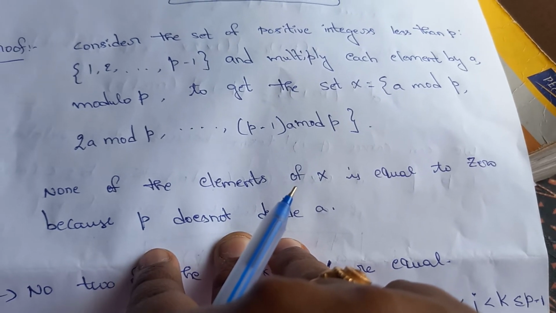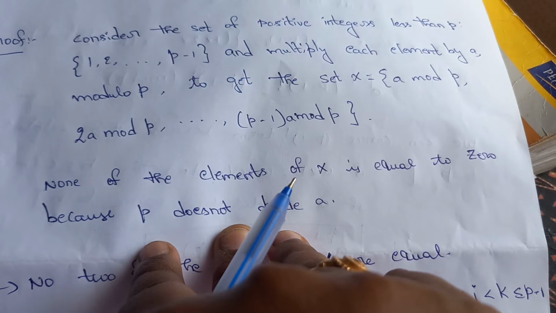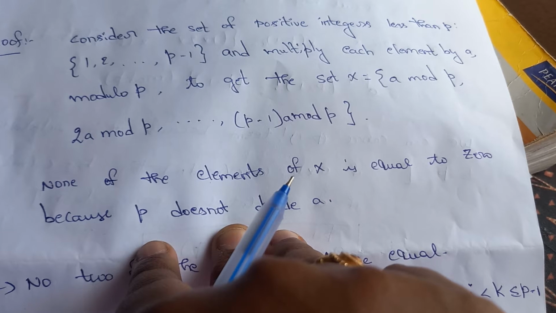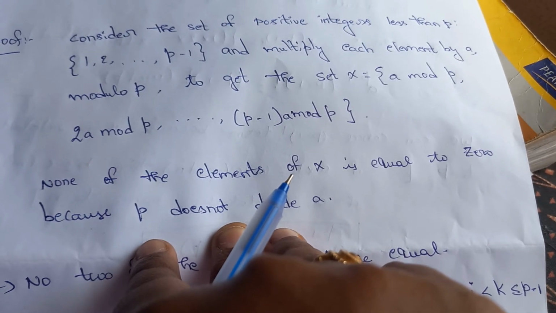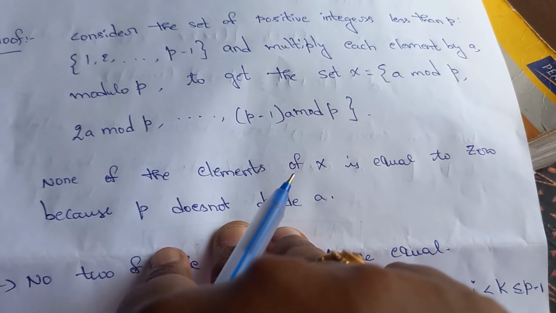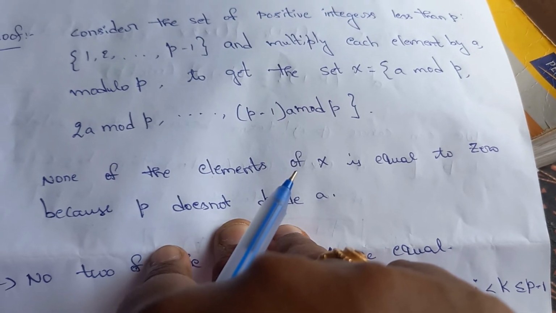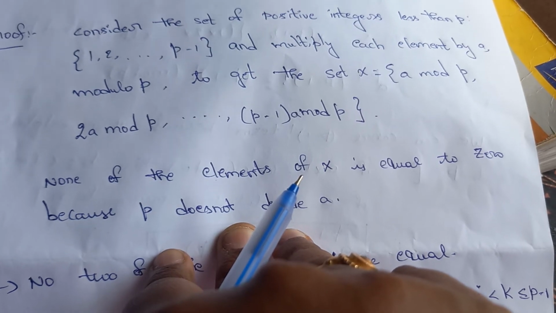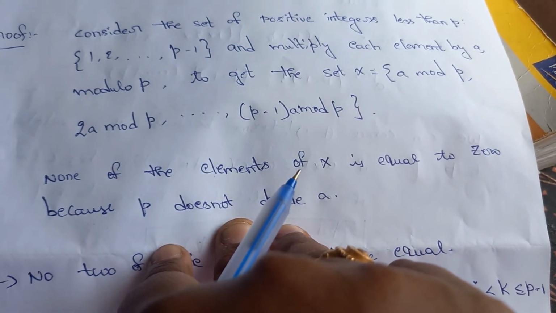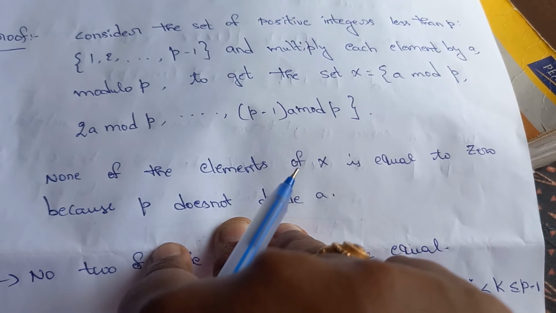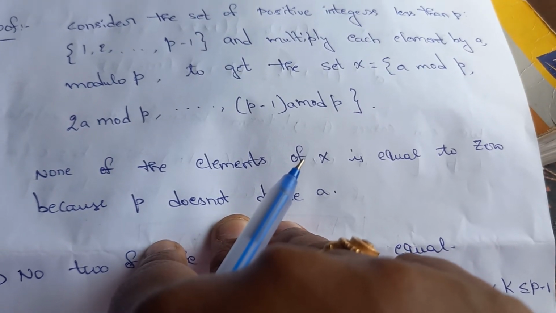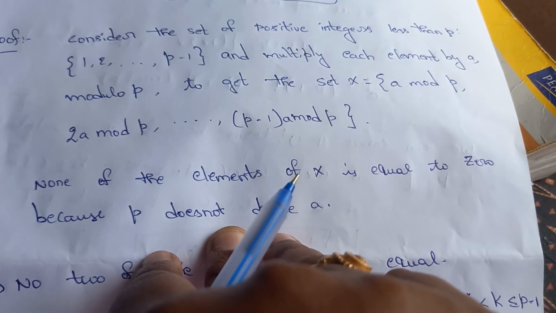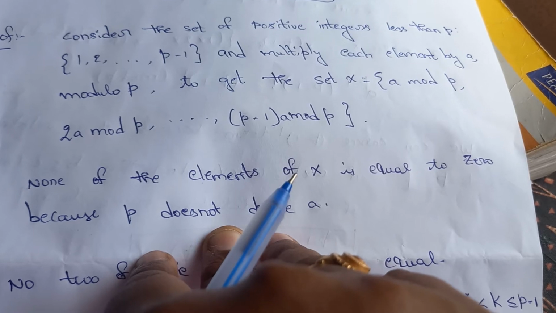After multiplying each element of the positive integers by a, that is a, 2a, 3a and so on up to p minus 1 times a, we perform the modulo operation. That gives a mod p, 2a mod p, and so on up to p minus 1 times a mod p.